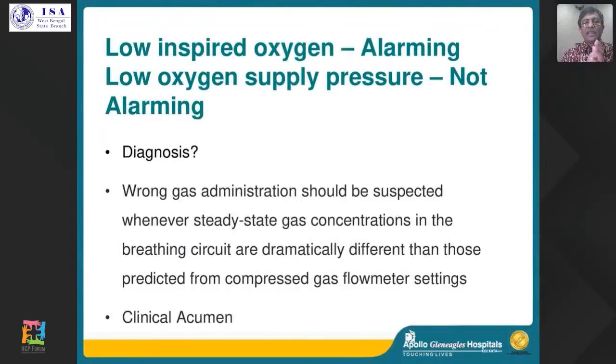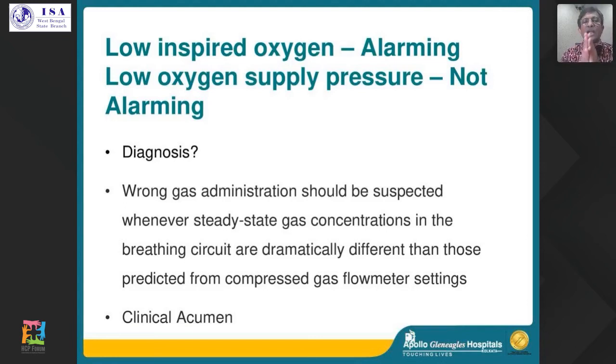The diagnosis should be suspected whenever you are seeing a steady state gas concentration in the breathing circuit which is dramatically different from what you are seeing in the compressed gas flow meter settings, whatever flow rates you are using.